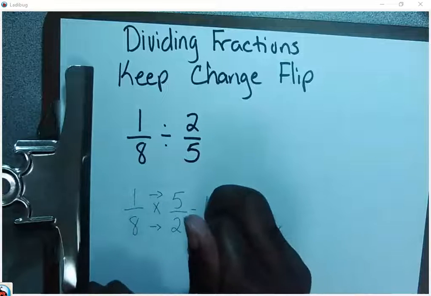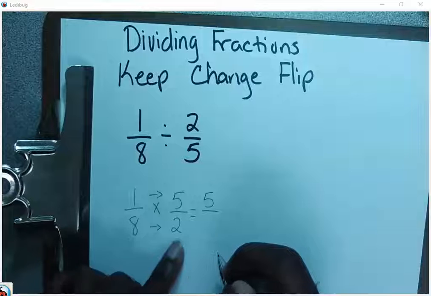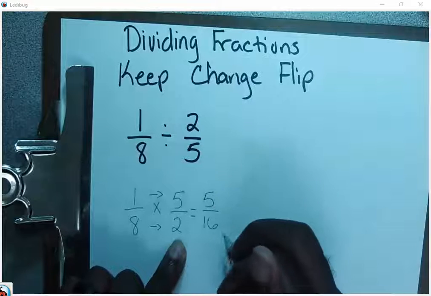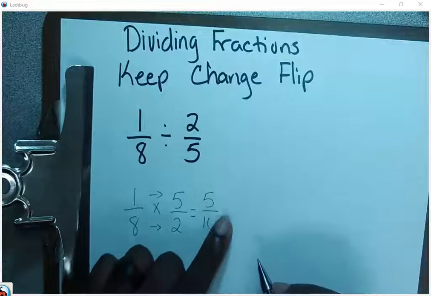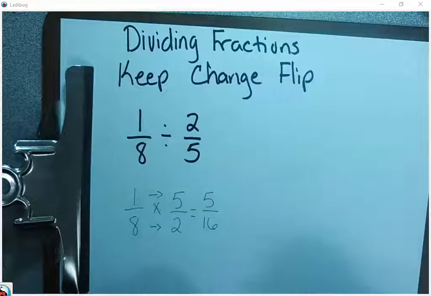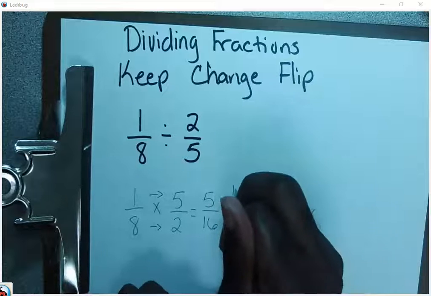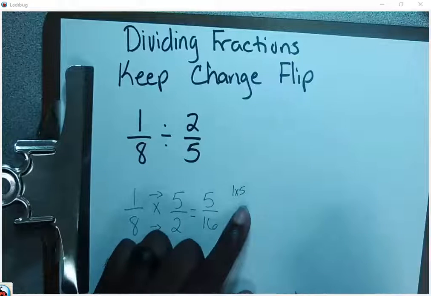1 times 5 is 5. 8 times 2 is 16. So now we look at our 5/16 and see if they have any common factors greater than 1 that we can use to simplify by. So to get 5, I got 1 times 5. No other factors.